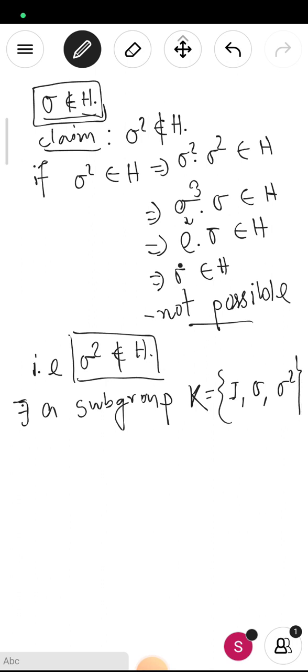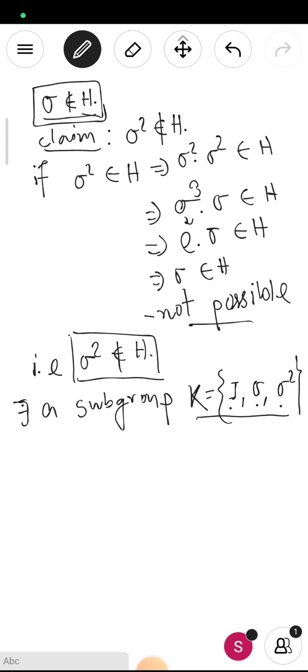See here that sigma doesn't belong to H, and we already proved that sigma square also doesn't belong to H. So we take identity, sigma and sigma square, and we construct a set with 3 elements, and you can easily check that the set K is a subgroup of A4. So we get another subgroup, namely K.